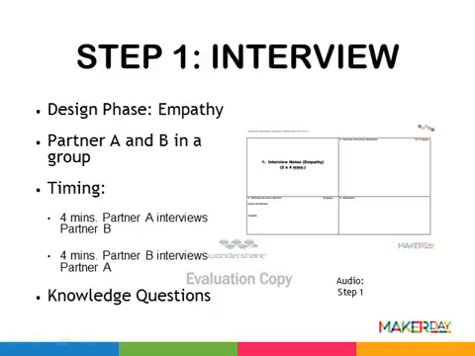Just as a quick start to make sure that groups have done so, have all the partner A's raise their hands and all the partner B's raise their hands, and make sure that everybody is aware of who is A and who is B.